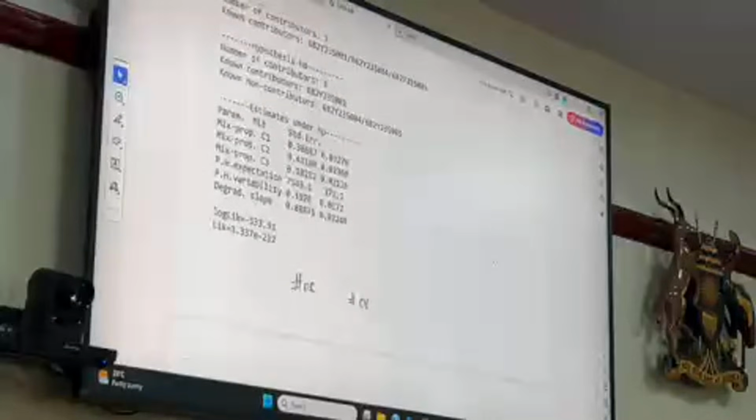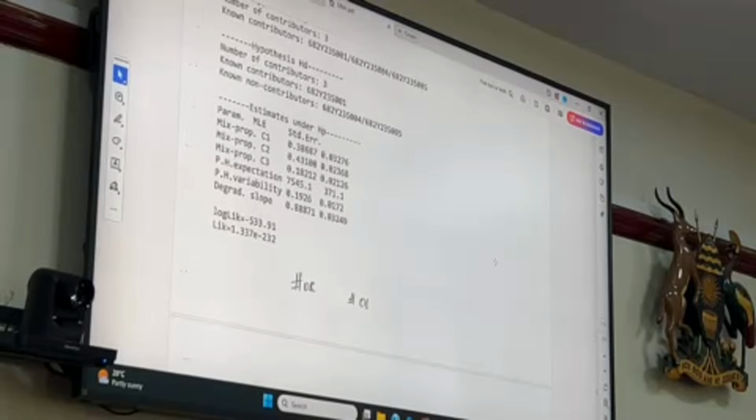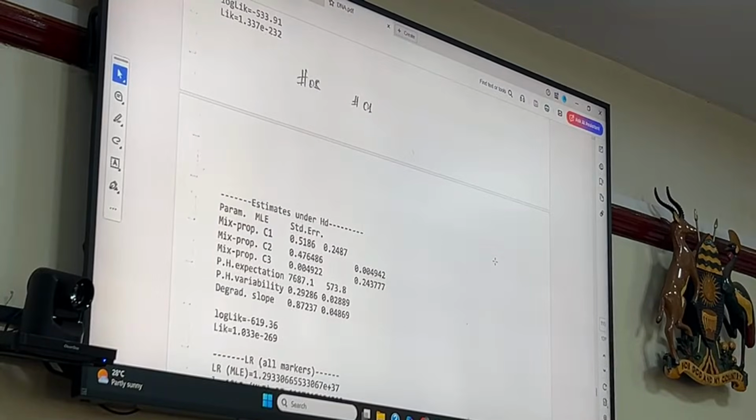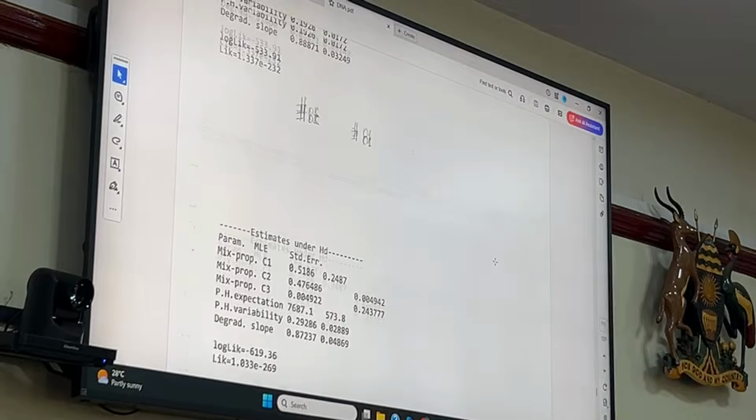This is it. So the two propositions the software considers: one, we term HP, which is the prosecution hypothesis, and the latter being HD, which is the defense alternative.